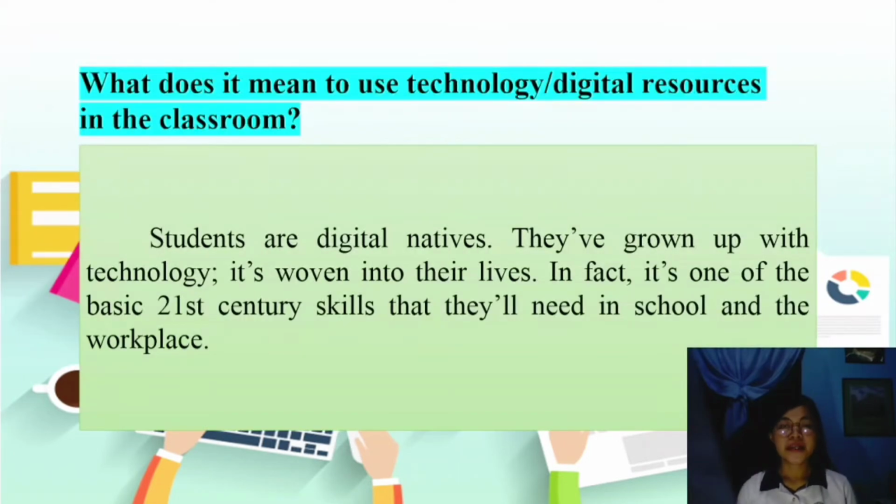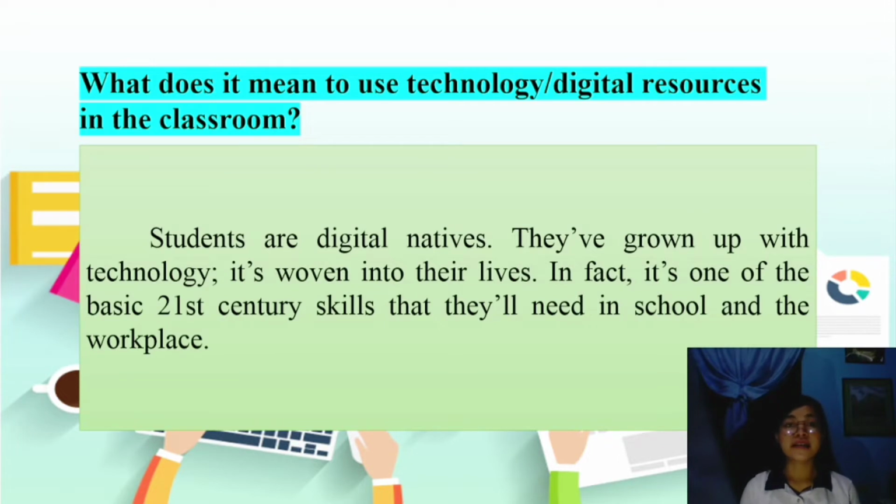What does it mean to use technology or digital resources in the classroom? Students are digital natives. Ano nga ba ang digital natives? Means born during or after the digital age. In other words, they have grown up with technologies kung saan kakabit na sa buhay nila ang mga ito.